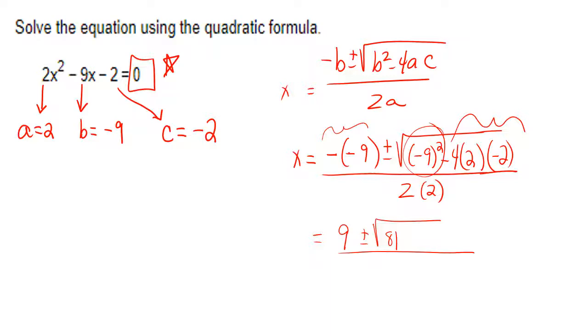So -4 times 2 is -8. -8 times -2 is +16. And in addition to multiplying those three, you will also multiply the bottom of the fraction in the formula, and that will give me 4. Now inside my radicand, I have 97.